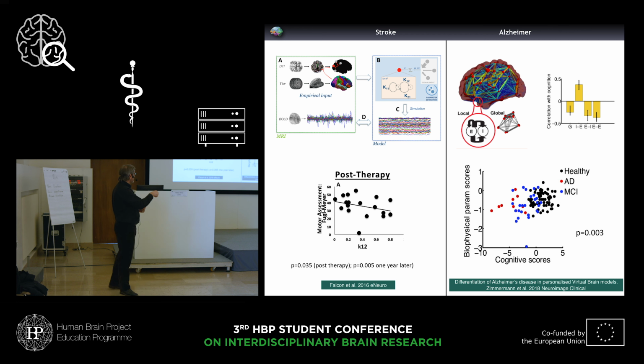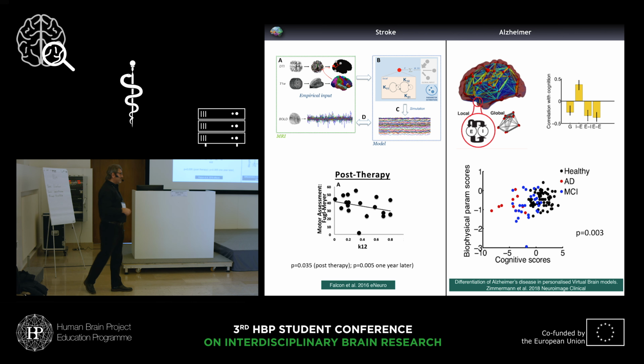It is for stroke, it is for Alzheimer's. For example, you have a stroke. You go through a scan after the stroke, you fit the parameters, and before therapy, the fitted parameters can predict, at least statistically, if your rehabilitation will be successful or not. And this is actually very important because it's quite some effort for the patient to go through a rehab. So one may consider other approaches.